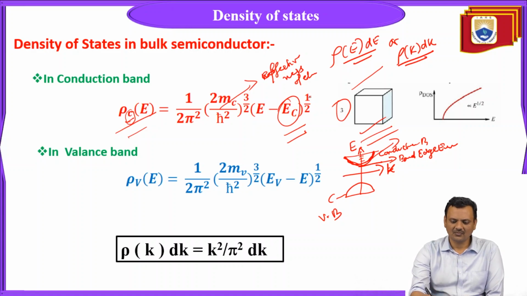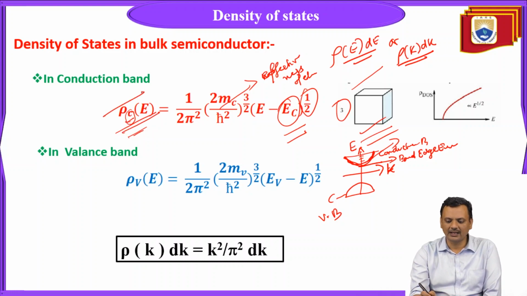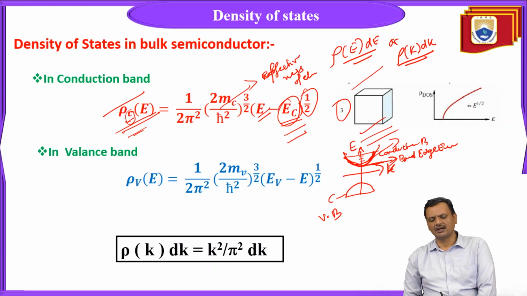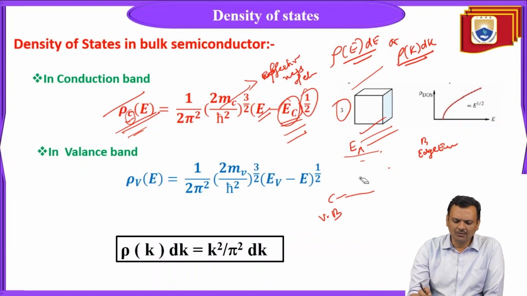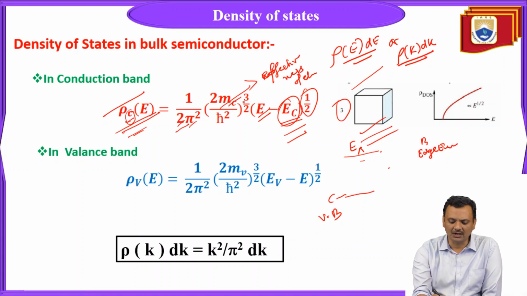Whole to the power half. So this density of state varies according to E, because EC is constant. For any particular crystal structure, the band edge energy, either in the conduction band or valence band, is constant. So what is the variable term? All of this, 2 pi, mc the effective mass of the electron in the conduction band, and h cross square, are constant.